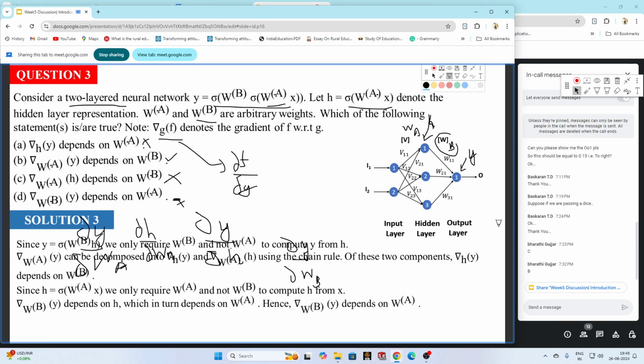While calculating the hidden layer, we consider WA. Indirectly it is connected, because H depends on WA. That is why it is given. So options B and D are the correct answers, and A and C are incorrect. Is this clear?